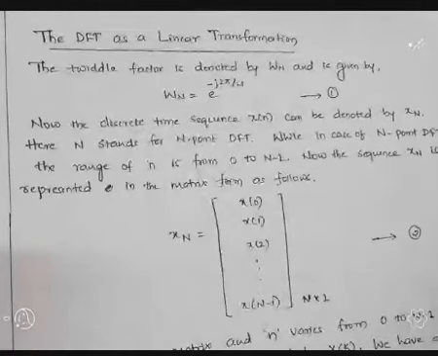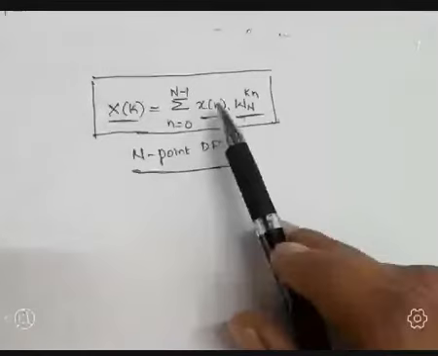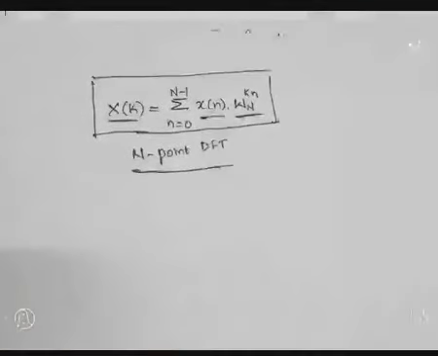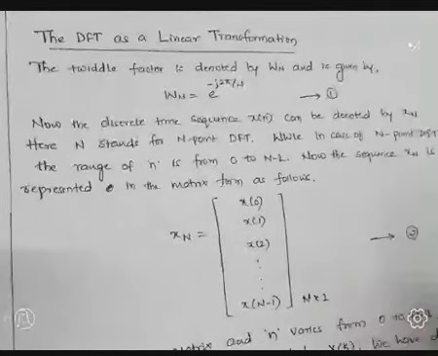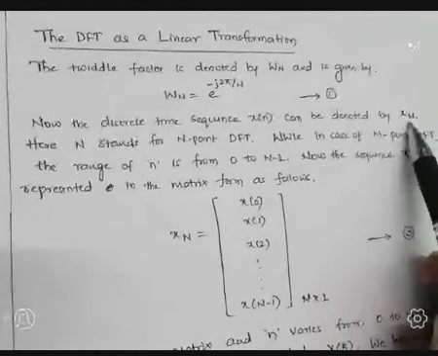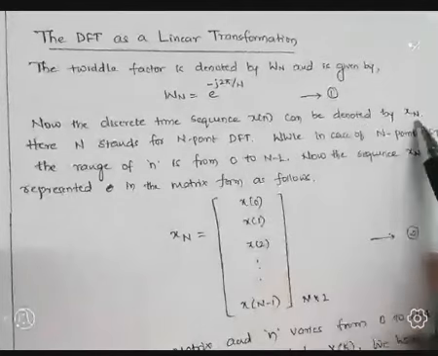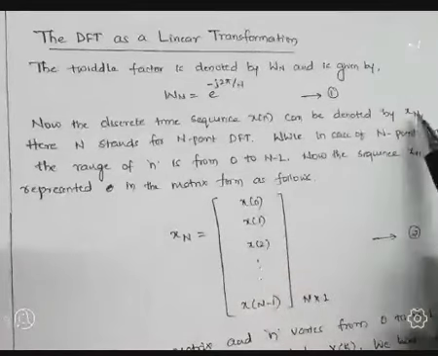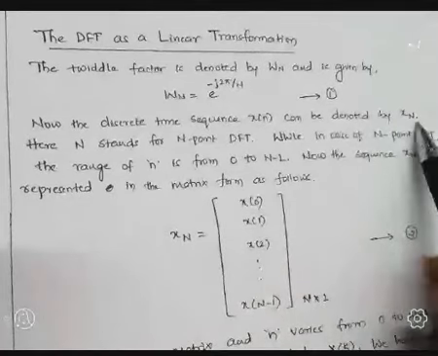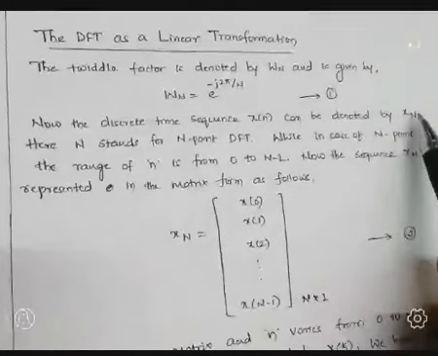The discrete time sequence x of n, if you express it in terms of matrix format, can be represented by the notation small x suffix capital N. Here N stands for the length of the DFT, that is N-point DFT.